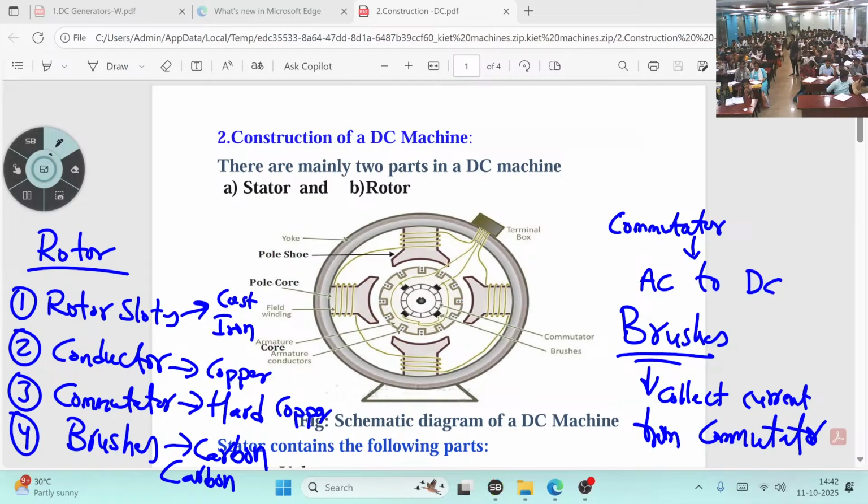This is about the construction of the DC generator. We rotate this rotor by external means, and an EMF is induced in the conductor. Collectively, by adding all these four parts, you can call this the armature.